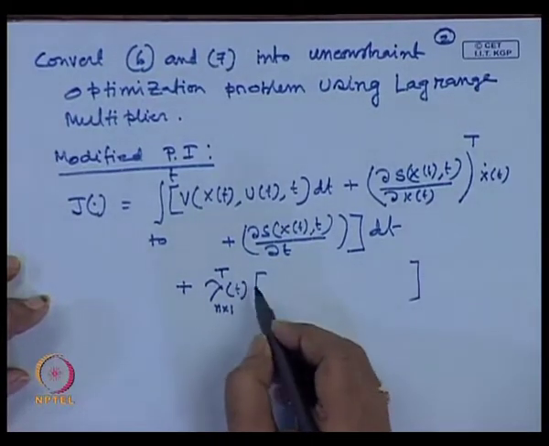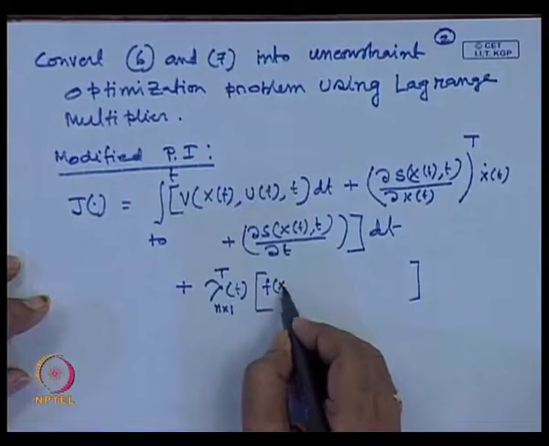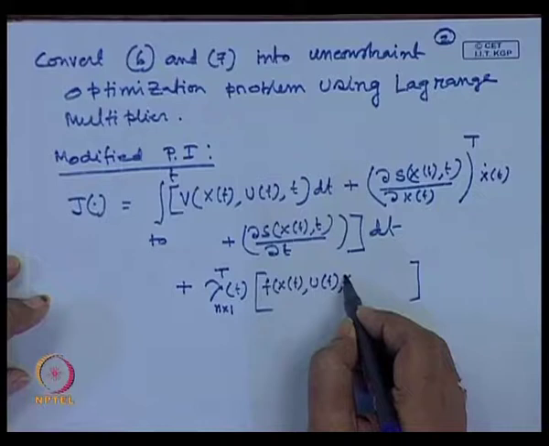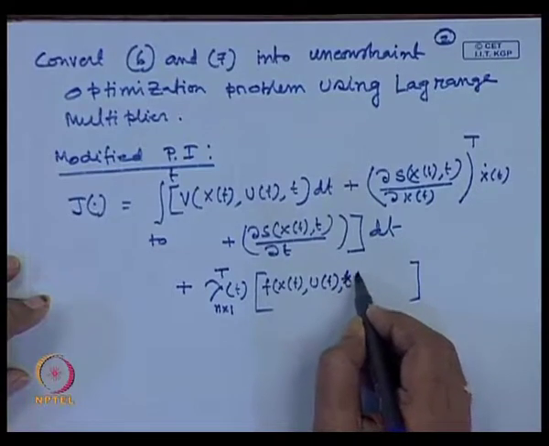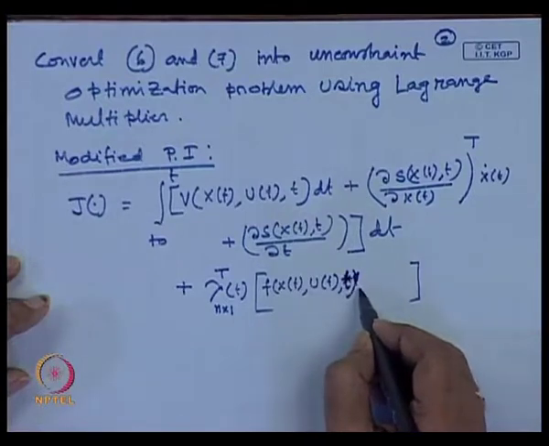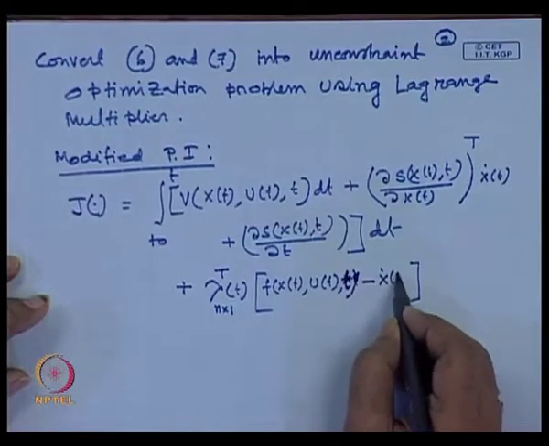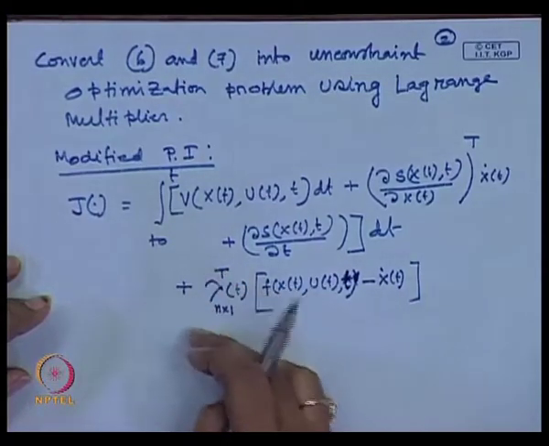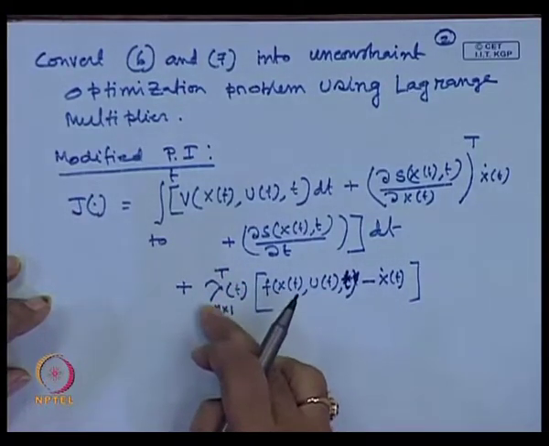So, that is equal to f of x, the dynamic equation, the constraint equation, you can say this is f of x of t, u of t, t bracket minus x dot of t, and this part is 0. So, I multiplied by a constant, what is called our Lagrange multiplier.